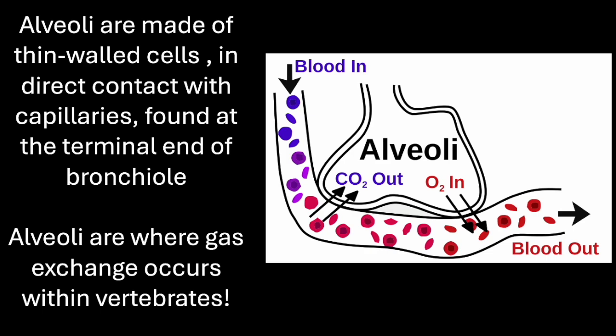So this is where gas exchange occurs within vertebrates. So blood comes in, holding carbon dioxide, and it's sending that carbon dioxide into the alveoli. And while it's passing this barrier where they're touching, oxygen is then being added into our red blood cells to be passed along through the rest of our bodies.